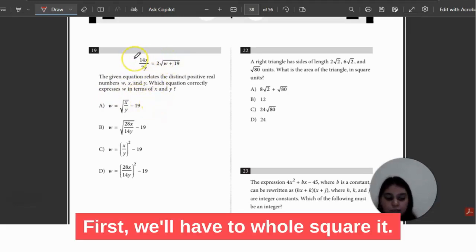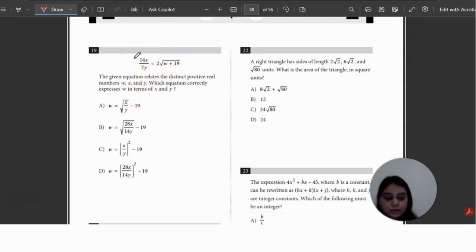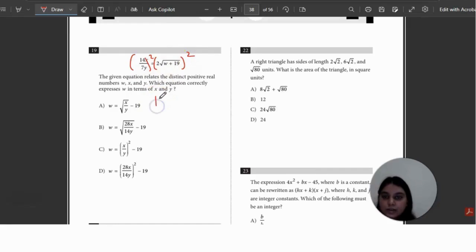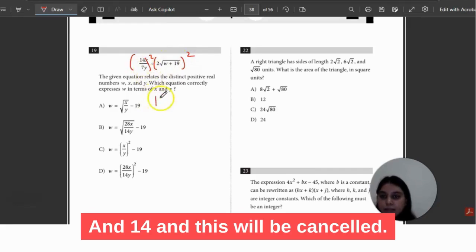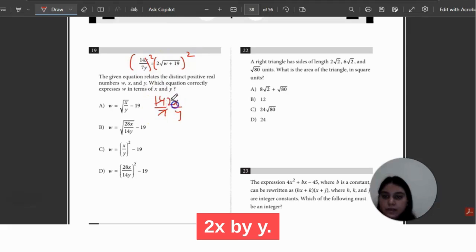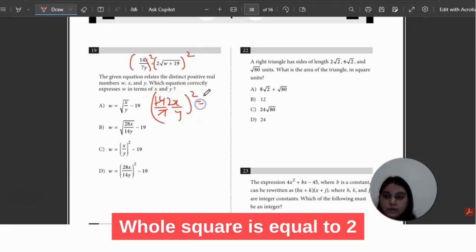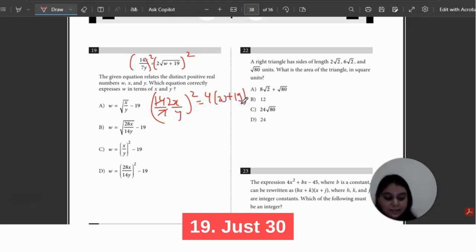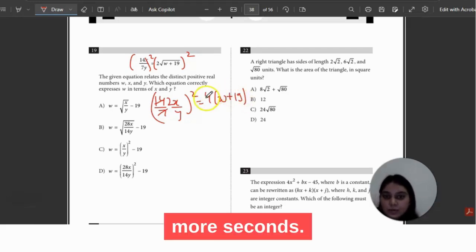First, we'll have to square it because we want to remove this under root. So we'll get, 14 and this will be cancelled. 14x upon 7y is basically 2x by y, squared, is equal to 2 squared, 4, times w plus 19. Just 30 more seconds.